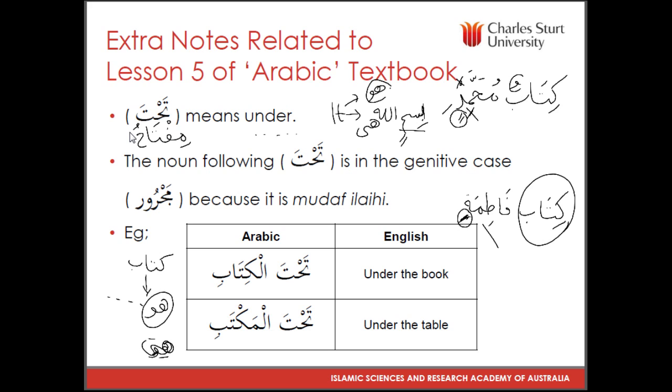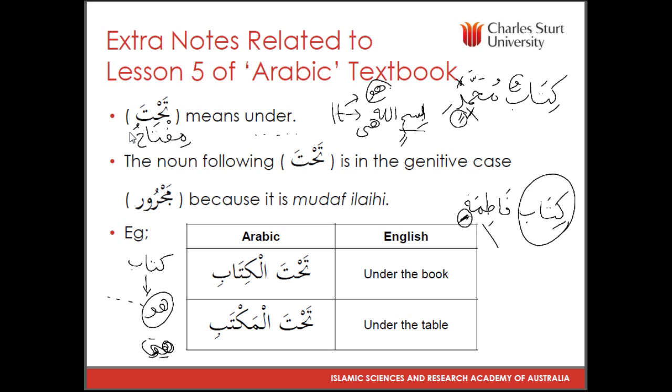Number 5. Al-Quran Kitabullah. Al-Qur'anu Kitabullahi. كتاب أو كتاب؟ Kitabullahi. It is mudaf. And in this sentence, idafa phrase.